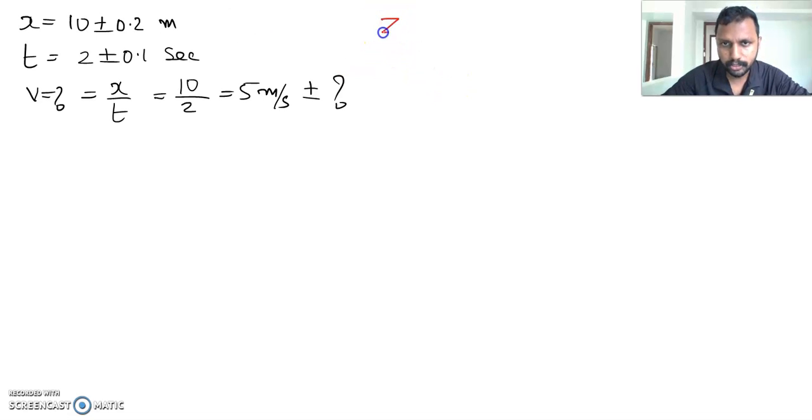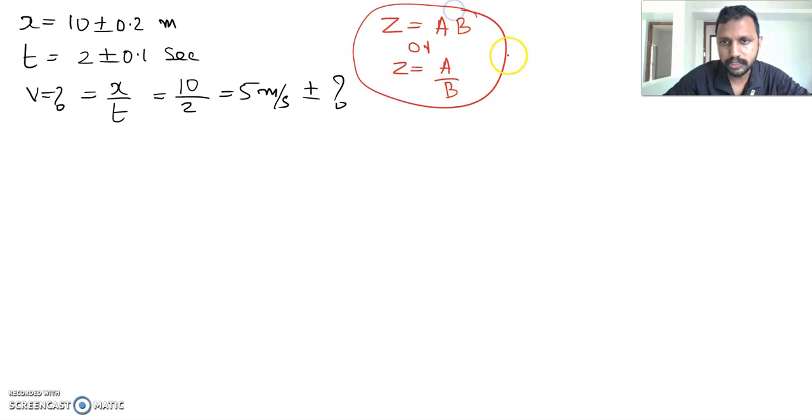If there is a situation where Z is equal to A into B or Z is equal to A by B, in these two situations the formula for finding the error is the same.